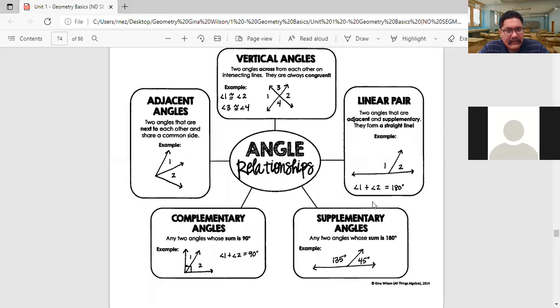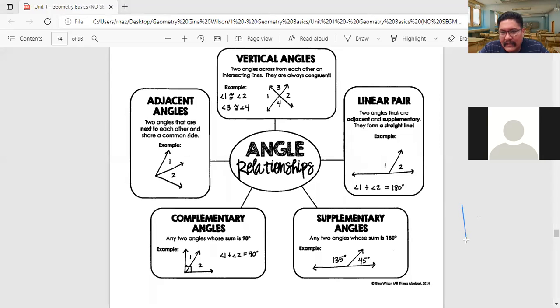Now, what's different about these two? You would think that since they both equal 180 degrees, they'd be the same. Well, in this one, it says adjacent, which means they have to be next to each other. Supplementary angles don't have to be next to each other. Let me make an example really quickly. I'm trying to practice some of these tools.